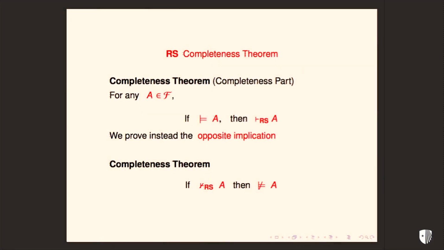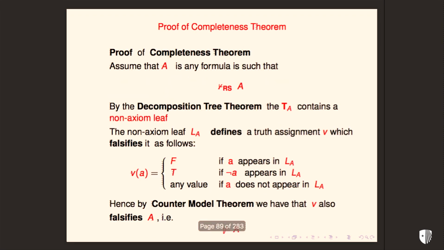So if A does not have a proof, then A is not a tautology. So from the information that A does not have a proof in our system, we can show that it's not a tautology. It means we build a countermodel. And here's the countermodel.